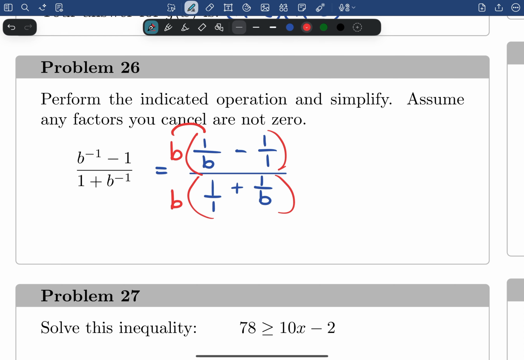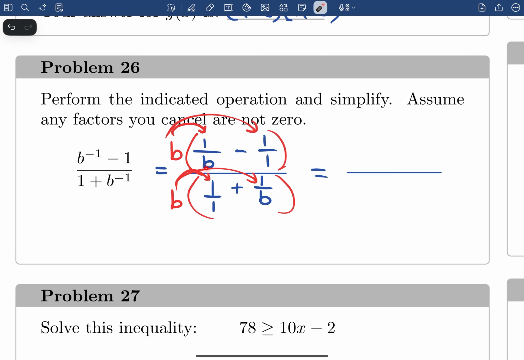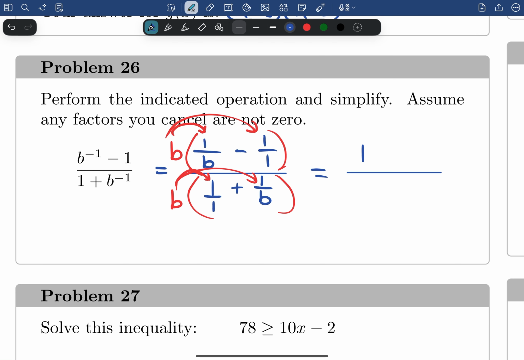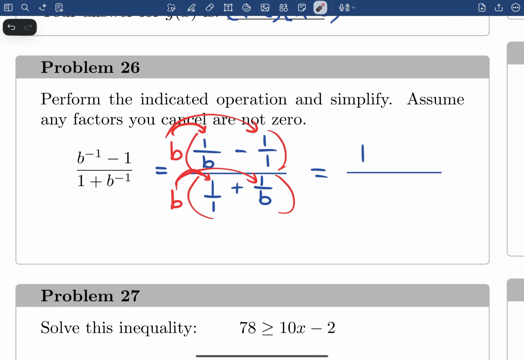And I'm going to multiply it into all this stuff, like this. That'll clear the fractions. So instead of fractions within fractions, I only have a single fraction now. And b divided by b cancels. And so I just get 1 right there. And then, well, if I multiply b times negative 1, that's negative b.